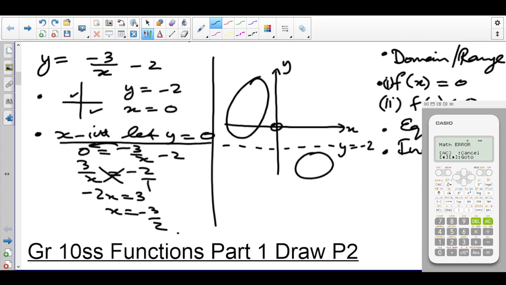You all agree with that? It comes to the x-axis at negative 1.5 or negative 3 over 2. As we know, it's going to come close to the y-axis but not touch, and it's going to come close to y equal to negative 2. And then just reflect the graph on the other side.